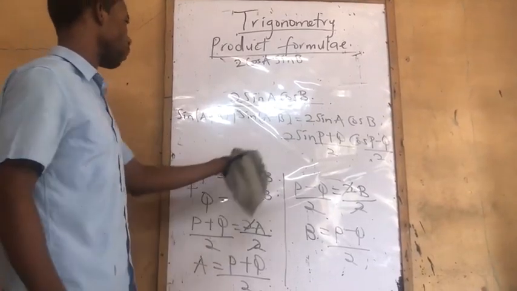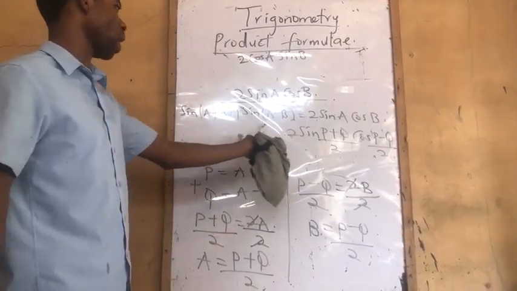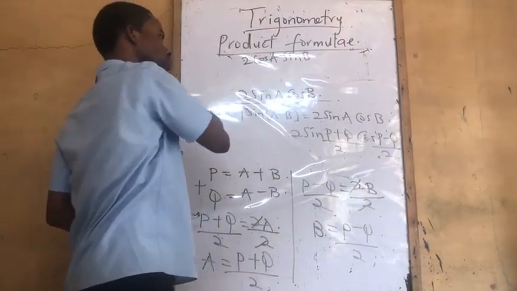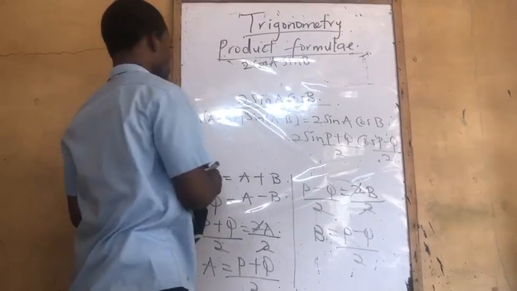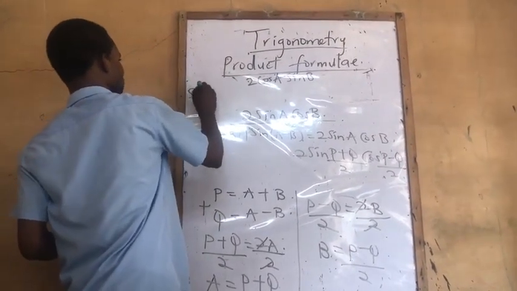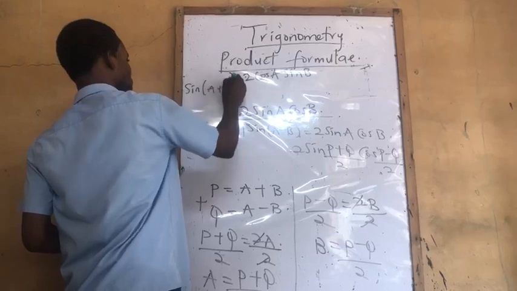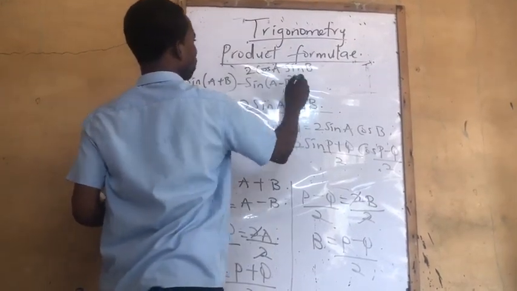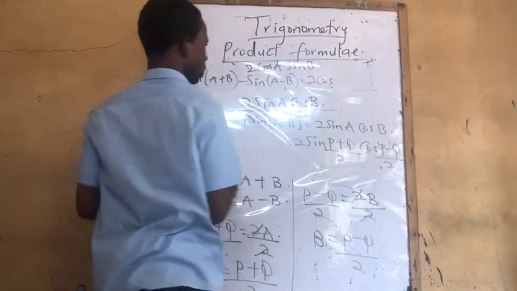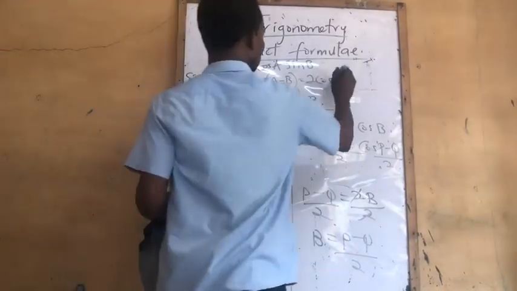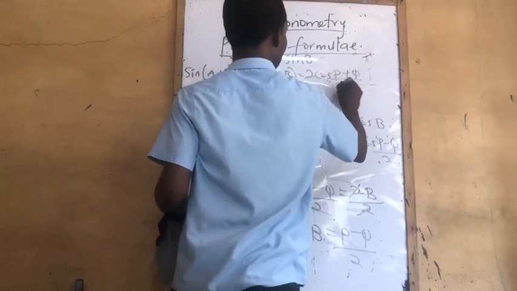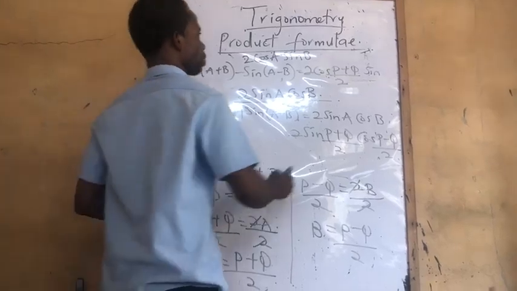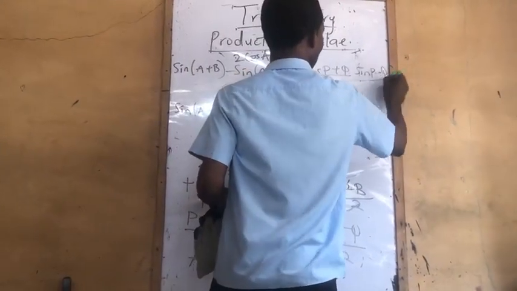Now, that is for when I added. But when I subtract, that means sine A plus B minus sine A minus B gives me 2 cos, and A is still the same, P plus Q all over 2, sine, and B is still P minus Q all over 2.